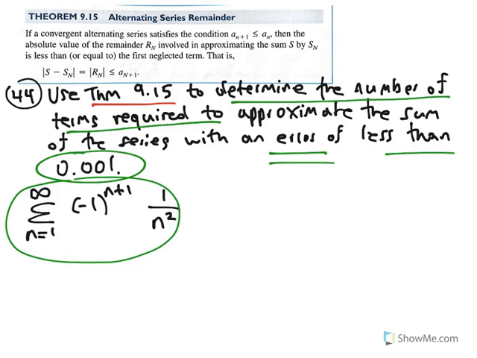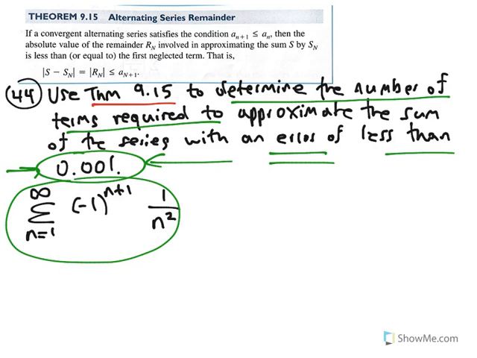In this problem, we are told that our approximation should not be off from the exact infinite sum by more than 1,000th. And then we have to figure out what partial sum will accomplish that for us. So it's a different type of application, but we're using the same theorem.